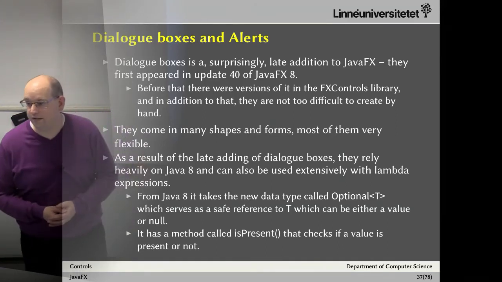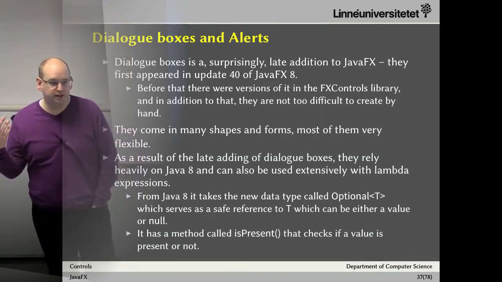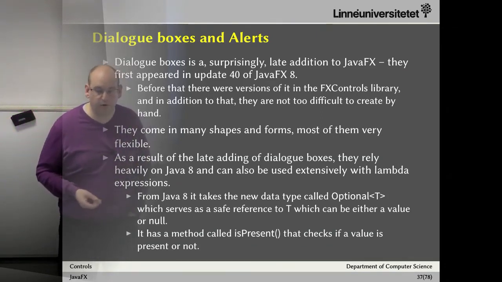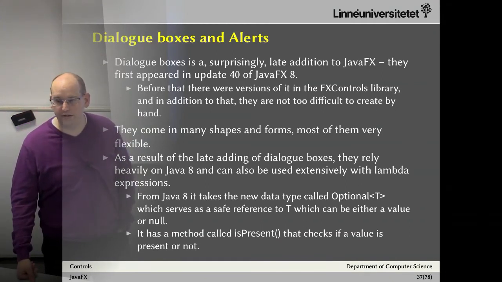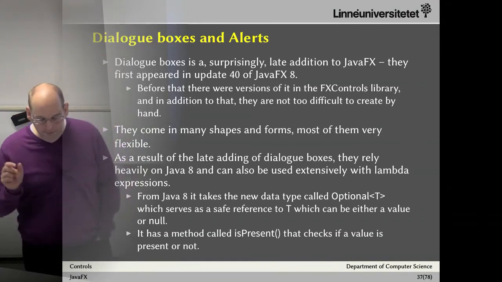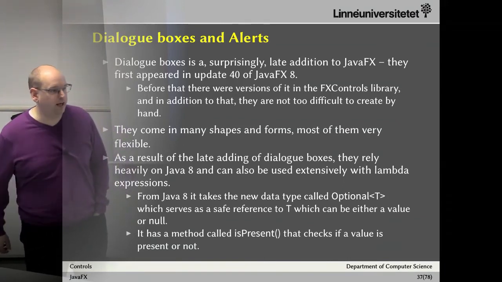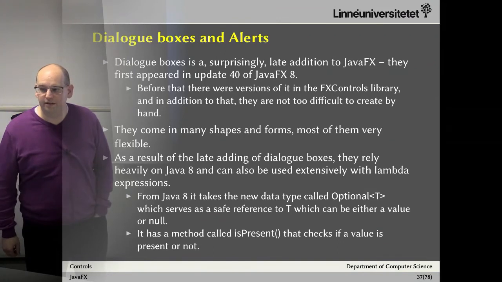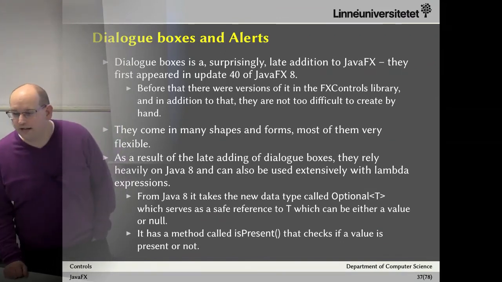These were not present. Not in the first JavaFX 2, not in the 2.1 update, not in the 2.2 update, not even in JavaFX 8 when it arrived, not until update 40 of JavaFX version 8 did they add dialog boxes. I have no real idea why they waited that long for doing it.